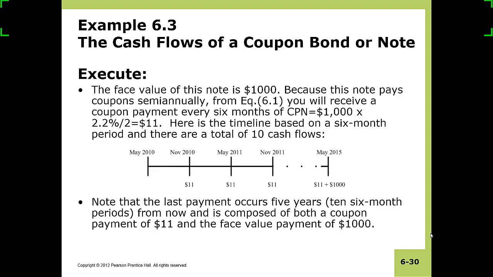When you draw your timeline, here it is. You're going to have 10 payments because it's 5 years, and every 6 months you get a payment. The payment is $11, which is the $1,000 times the 2.2% interest divided by 2 because it's twice a year. And so you get $11 every 6 months, and then at the very end you're going to get the $11 plus the $1,000, which is the face value.